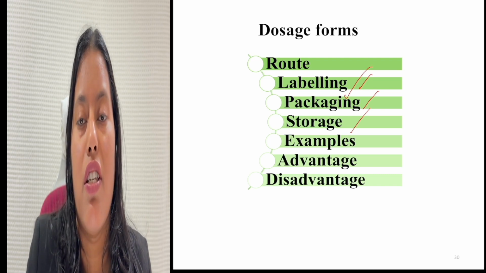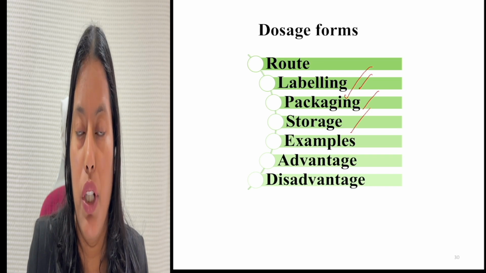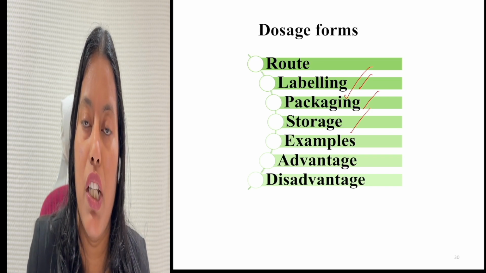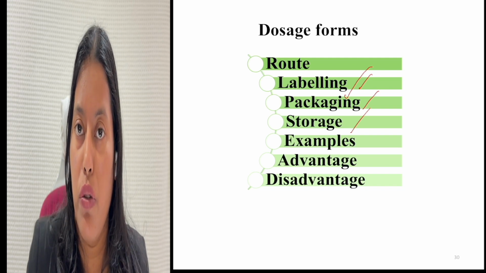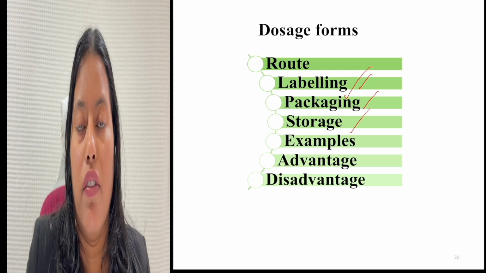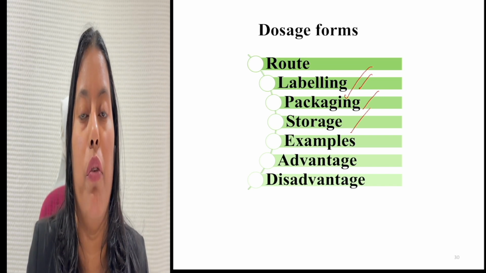Various labeling directions are included. If it is a unit dosage form, what is the drug content in that unit dosage form? You have to mention the storage condition, the frequency of dose, and you can mention how to take that drug. If it is a reconstitution powder, what are the directions to follow to make the solution and to take that formulation?